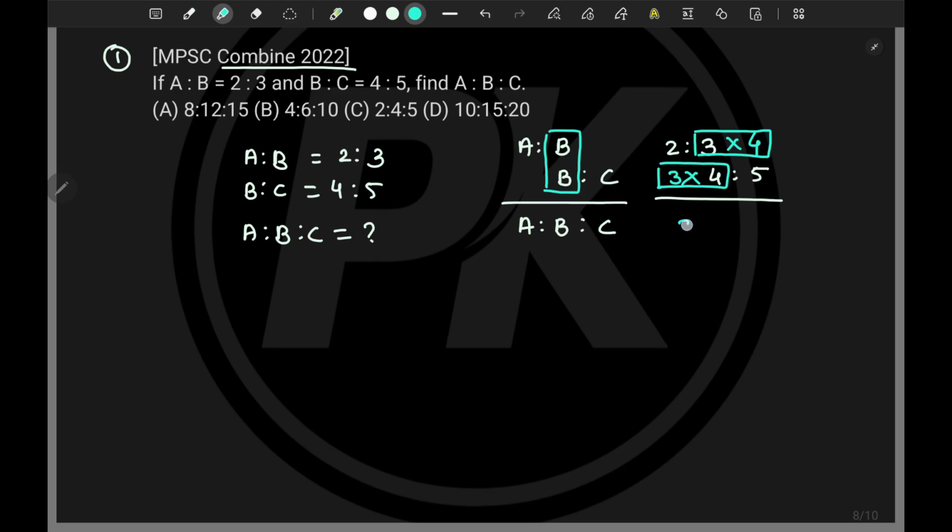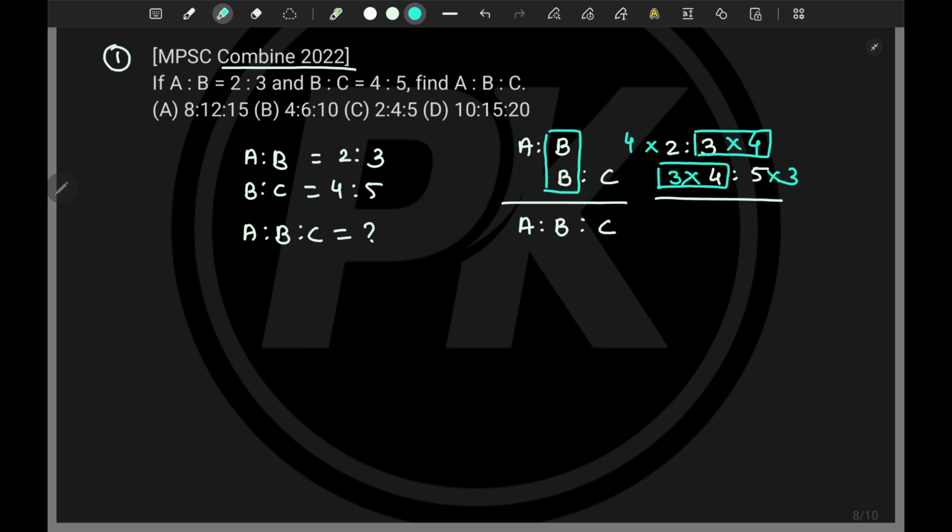You might have seen a concept: if we multiply the denominator by 4, we have to multiply the numerator also by 4. Similarly, if we multiply the numerator here by 3, then we have to multiply the denominator also by 3.